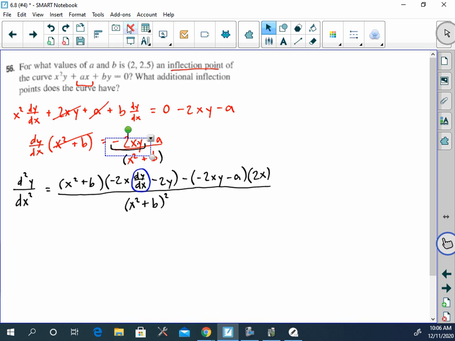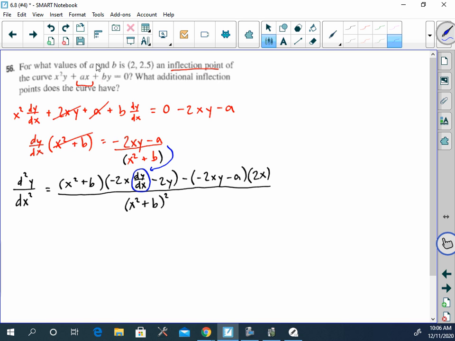We need to take this dy dx and plug it into that spot. This is beautiful, isn't it? Like, be honest, okay? We all enjoy this problem. Okay, so that is what we're going to do. We're going to plug this piece into there. But let's just think about the goal of this problem.